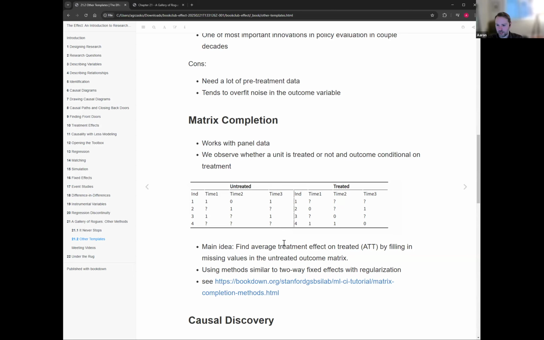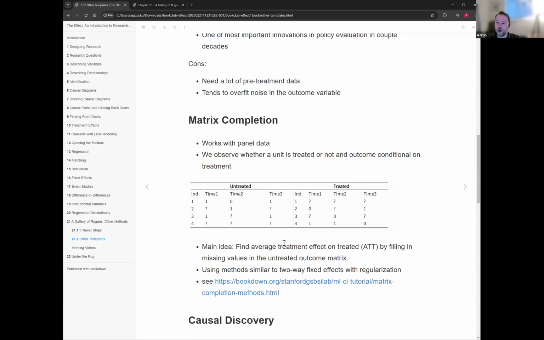They don't go into the mechanics. A lot of times what you're trying to do is figure out an average treatment effect on the treated. I pulled in one of the graphics from the chapter. Let me explain how they set this one up. The straw man version of this: you have two groups, treated and untreated.